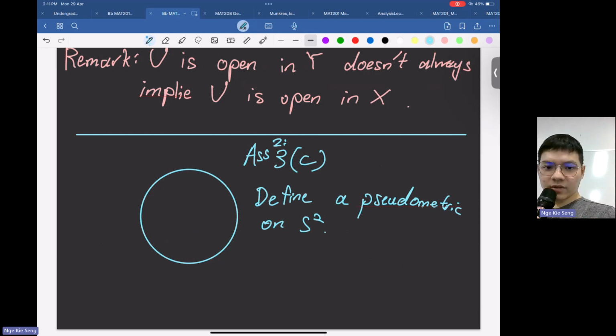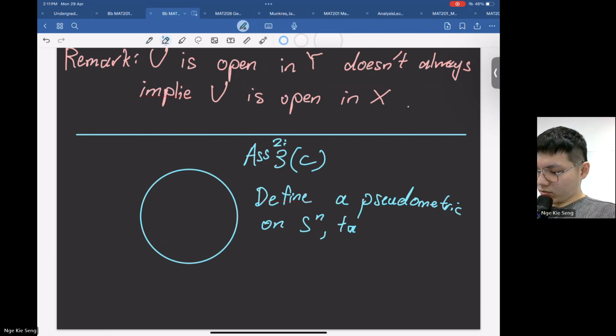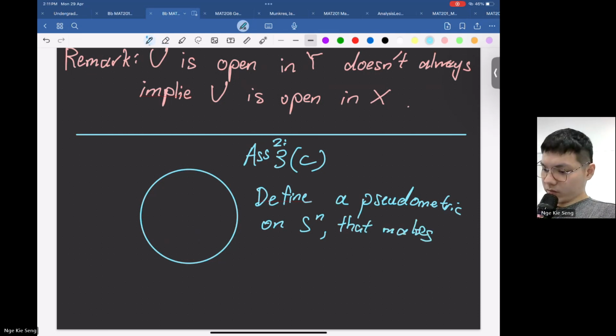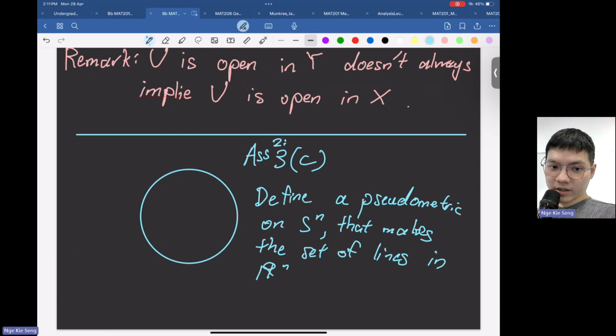Not just S2, Sn. And that makes the lines in Rn+1 through the origin into a metric space.